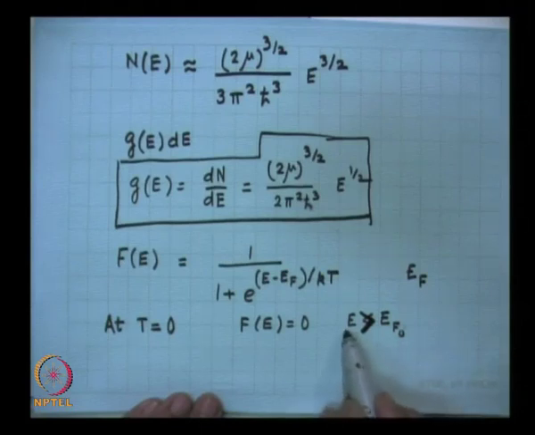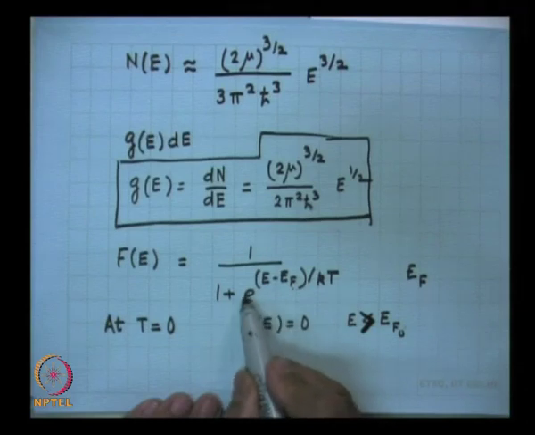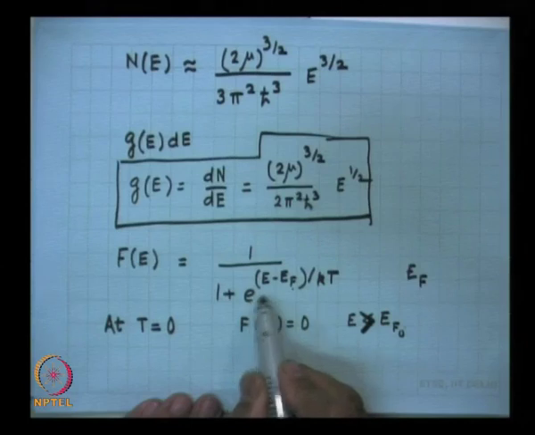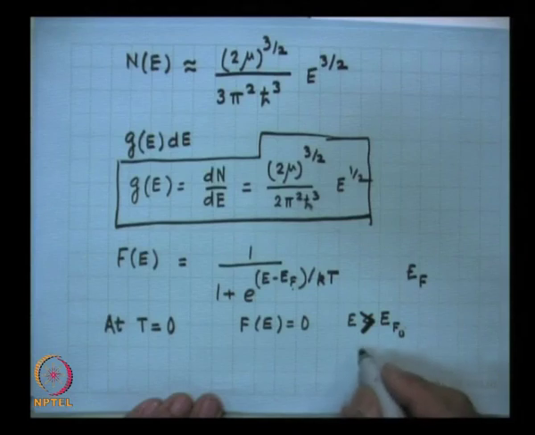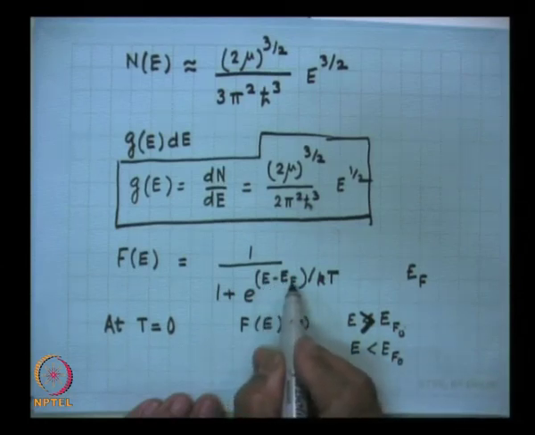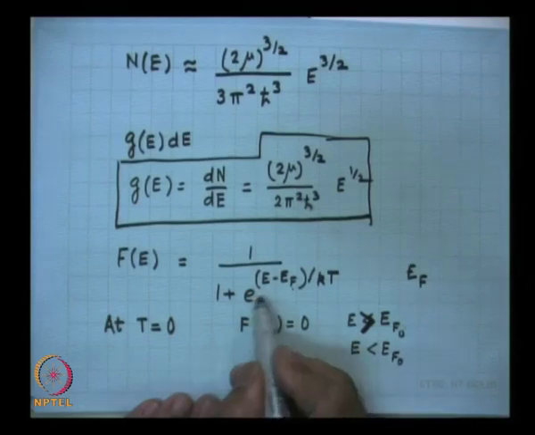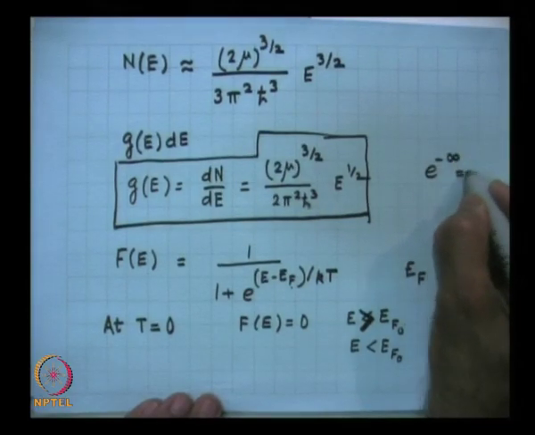Because when E is greater than E f, this quantity becomes positive. So, this is e to the power of infinity, which is infinity. So, 1 over infinity is 0. On the other hand, for E less than E f 0, this quantity is negative. So, it is e to the power of minus infinity, which is 0.